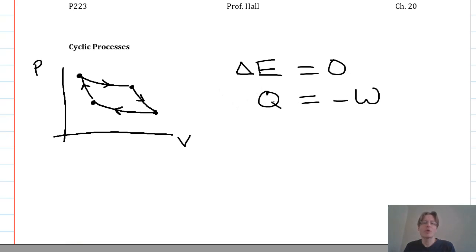So you've got to account for all the heat in and out of the gas and all the work that's done over the entire cycle. How do we figure out the work done over the entire cycle? Well, W, remember, is the work. It's like force times distance, which we saw is really minus the integral of PdV.